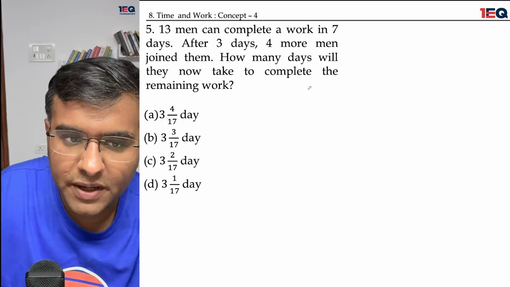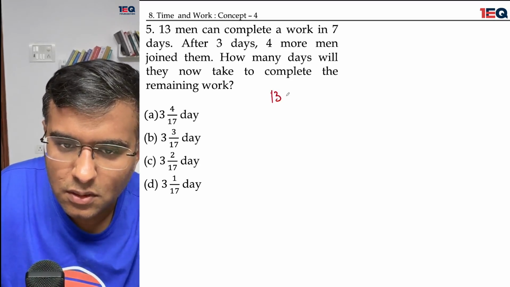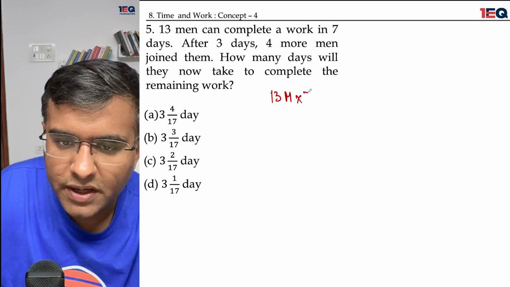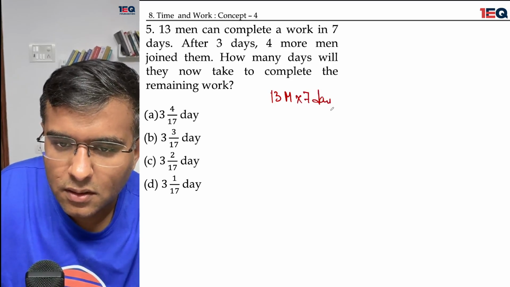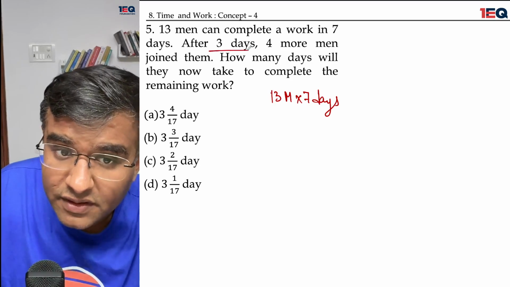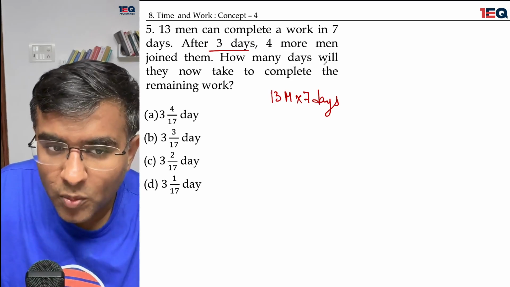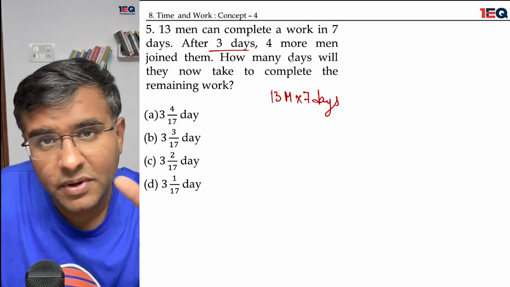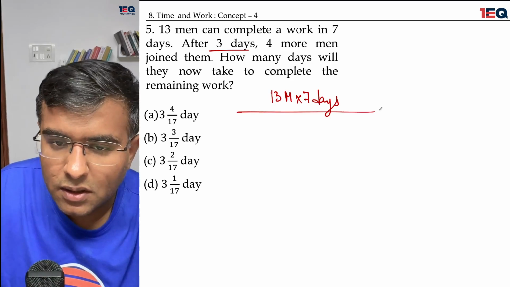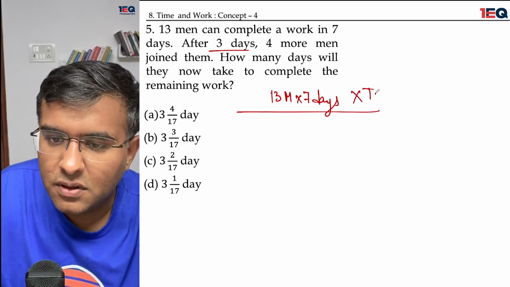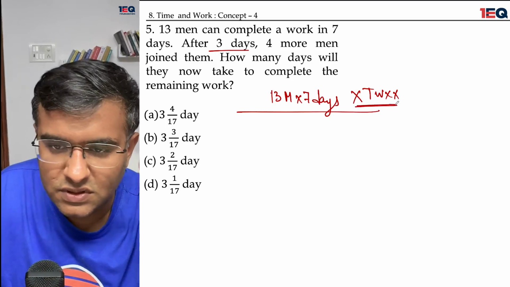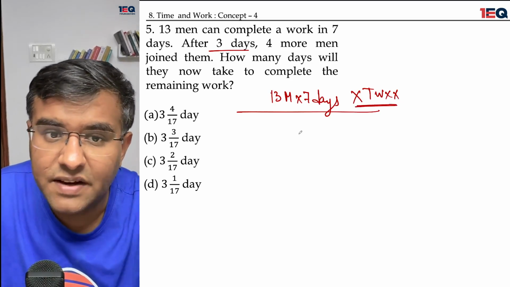13 men can complete a work in 7 days. After 3 days, 4 more men joined them. How many days will they now take to complete the remaining work? Let's not focus on total work. Let's focus on the work which is left.